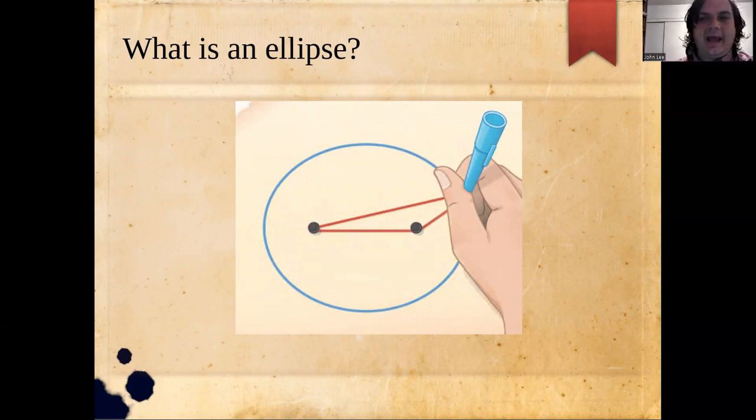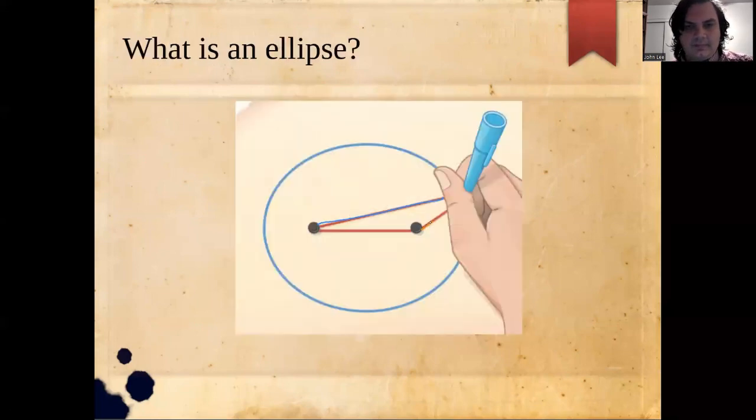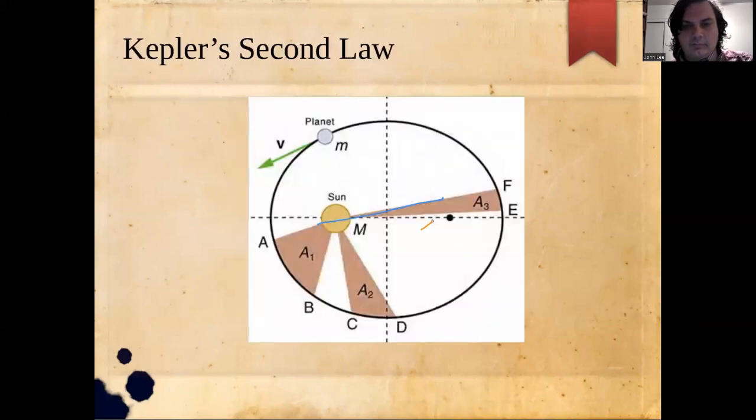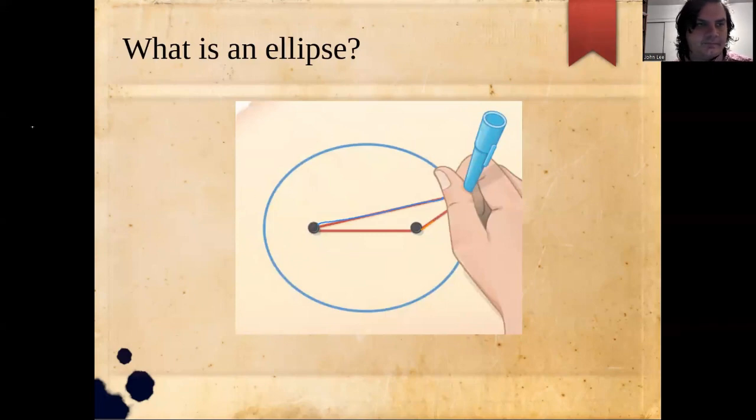So basically, one of the definitions of an ellipse is that this distance here in blue, and then this distance here also in blue, I meant to put that in orange, in orange, when you add them together, those distances are always going to be the same.